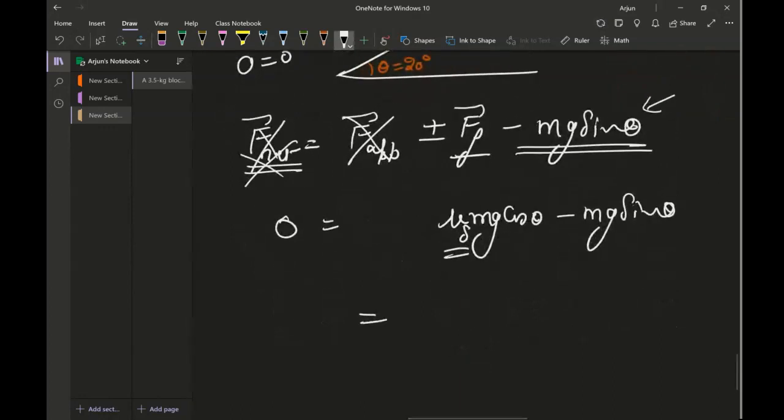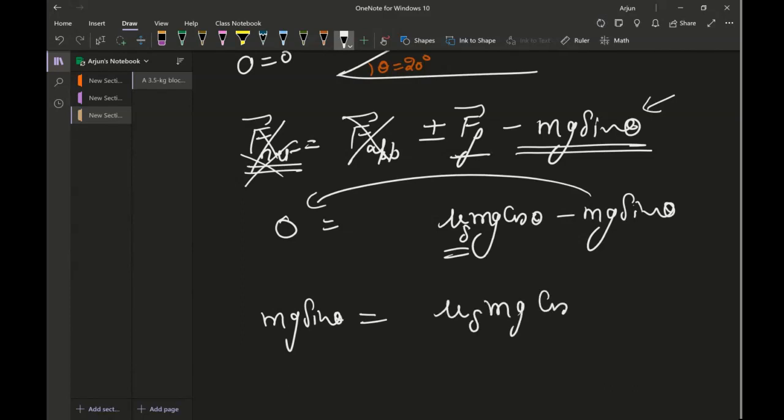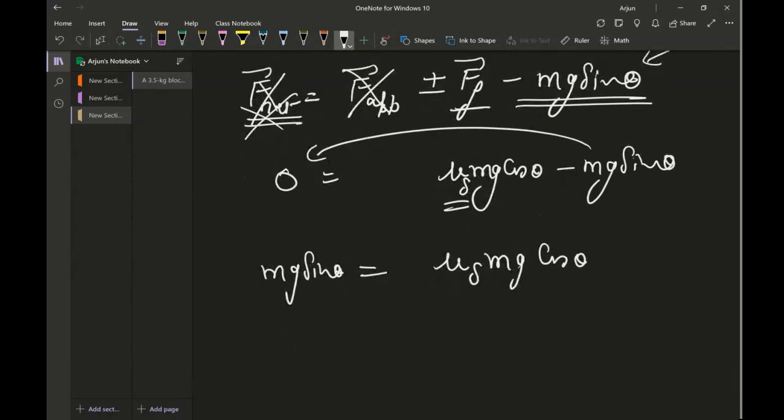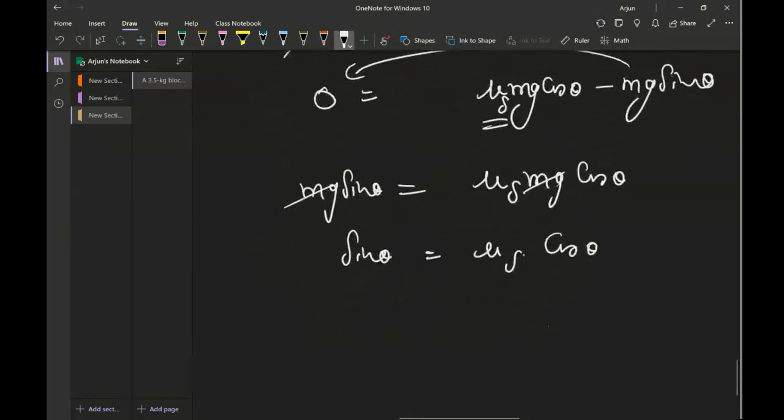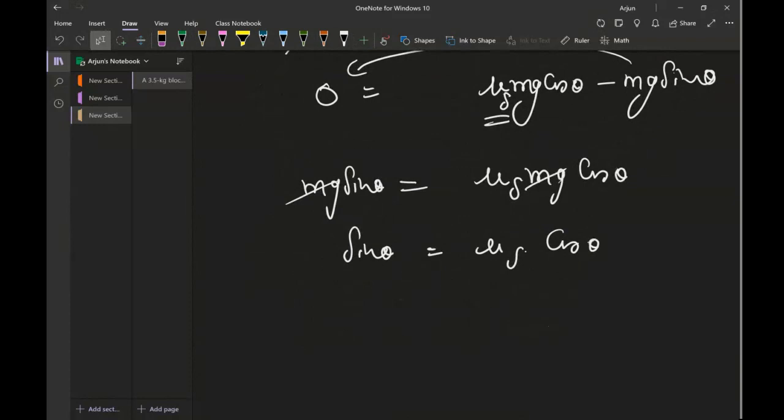And now we will just rearrange the equation. This is mg sine theta equal to mu s mg cos theta. And I can cancel out the mg on both sides. Sine theta equal to mu s cos theta. If you have the calculator, you can put in the values and then divide. Go ahead and do that.